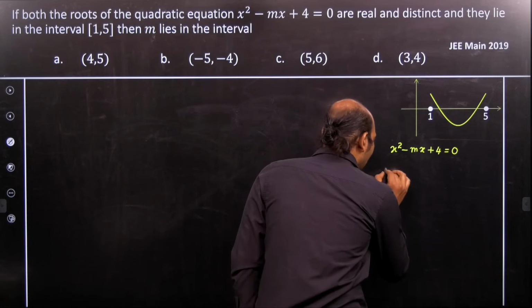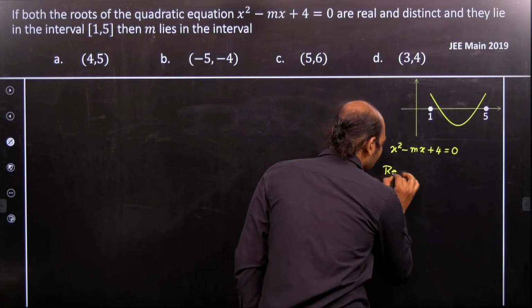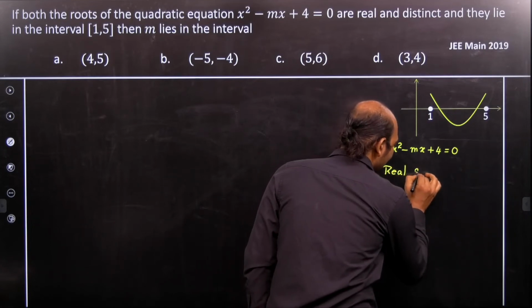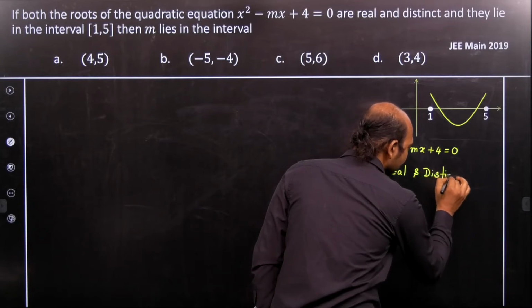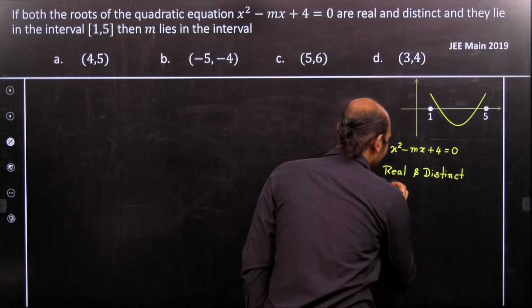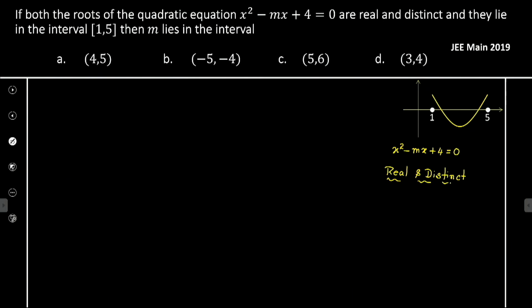So we just apply the condition of real and distinct roots. For real and distinct roots, we know that the discriminant must be greater than 0. So the discriminant is greater than 0.